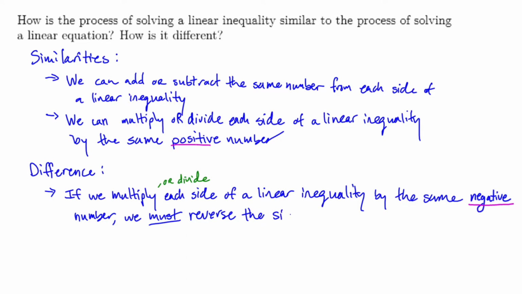I'll show a couple examples of what I mean by reverse the sign, but in short, if it was less than, it will become greater than. If it was greater than, it will become less than. This is a key distinction in that an equal sign has no reverse. It's just the same either way.